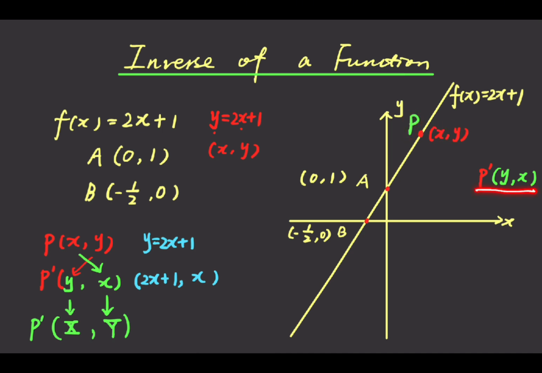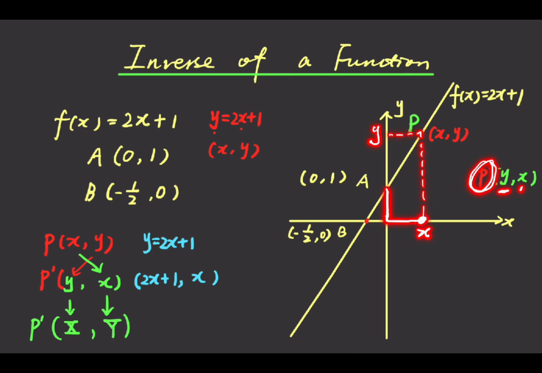For this point, this x should be the y coordinate. That is to say, it should be the y coordinate of this point P prime. This y coordinate in the future should be the x coordinate of this P prime.